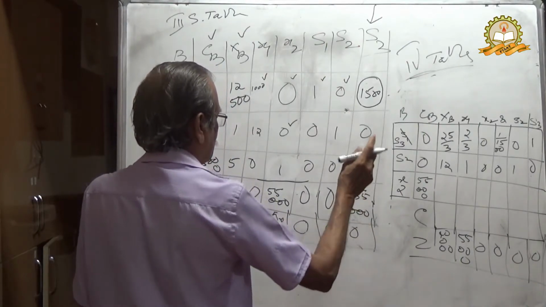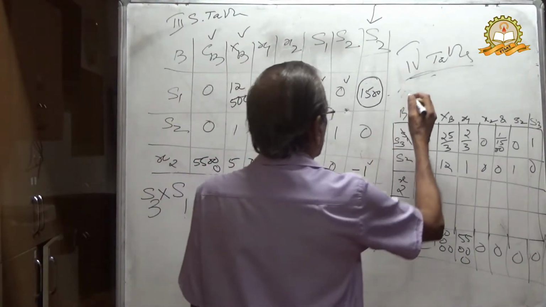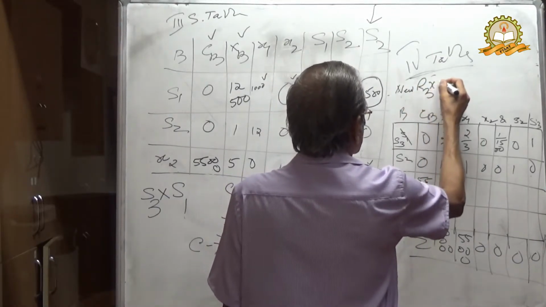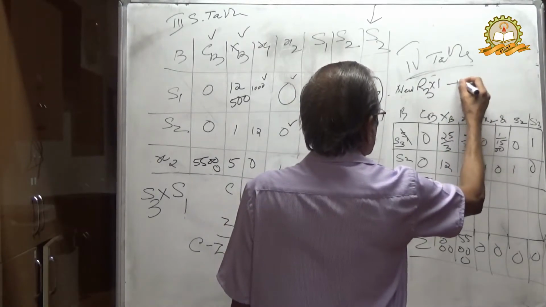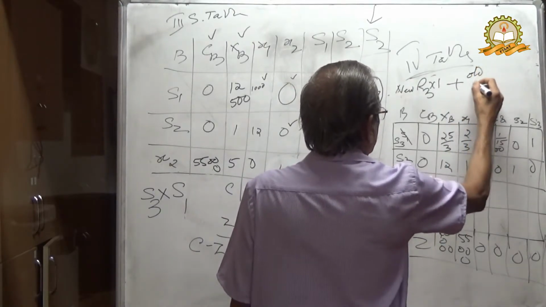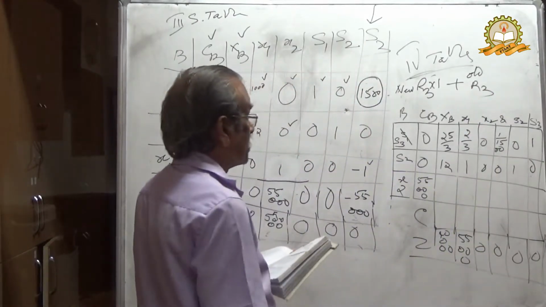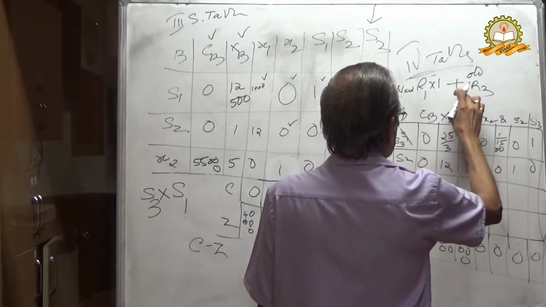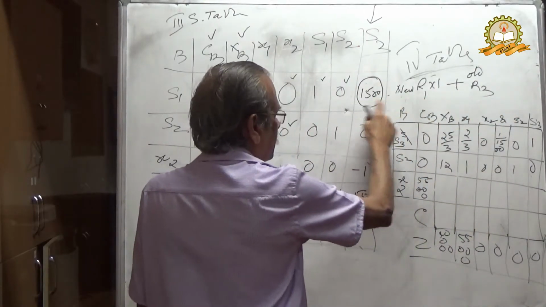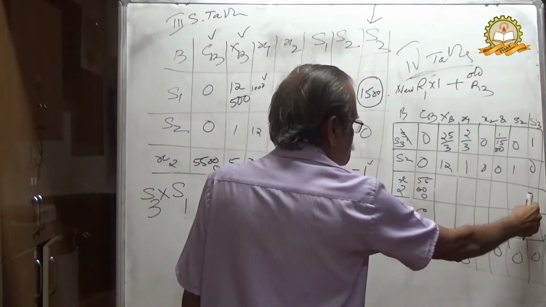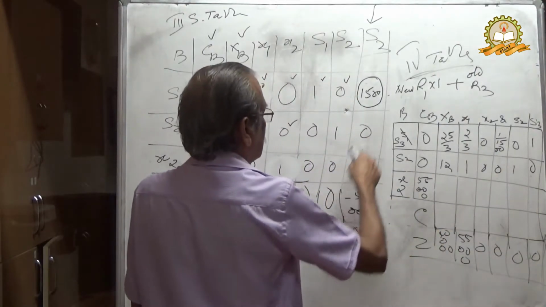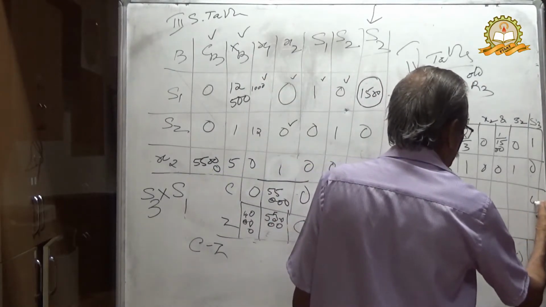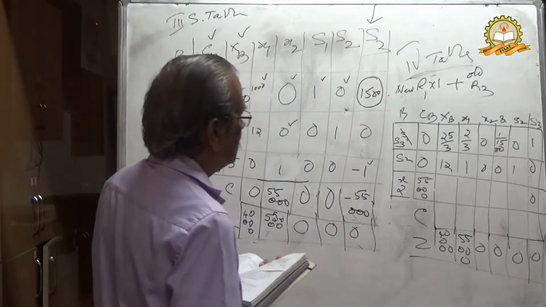For that, new row R1 into +1 plus old R3. Here it is 1, here you have to make this into 0. Here it is -1. Therefore, R1 into 1 plus this one gives you 0. Therefore, under S3 is 0.